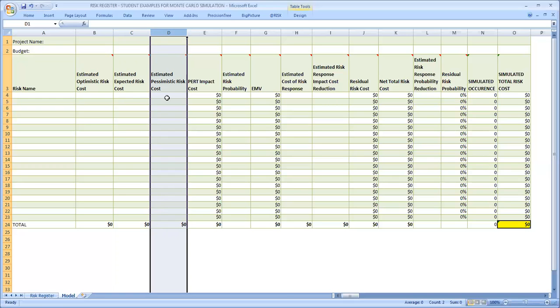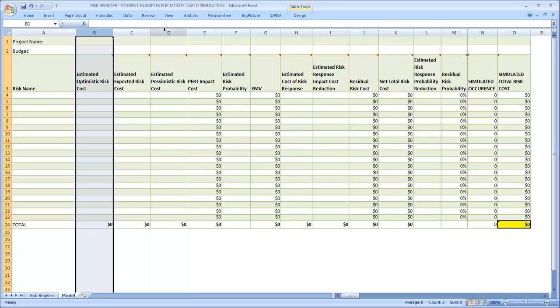So for risk that you've identified does not impact the project in terms of cost, it should not be included in this model. It is only for cost-based risk events. Okay, so column B, C, and D reflect cost estimates based on what would happen to your project if that risk were to actually occur.